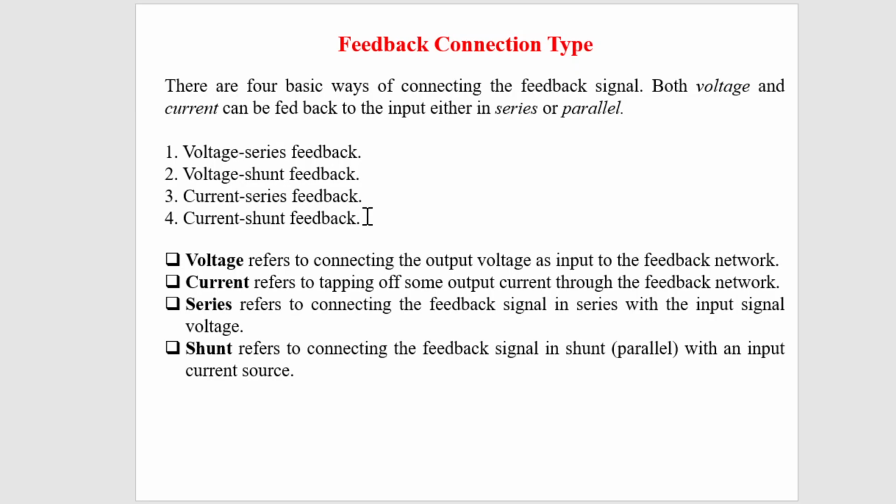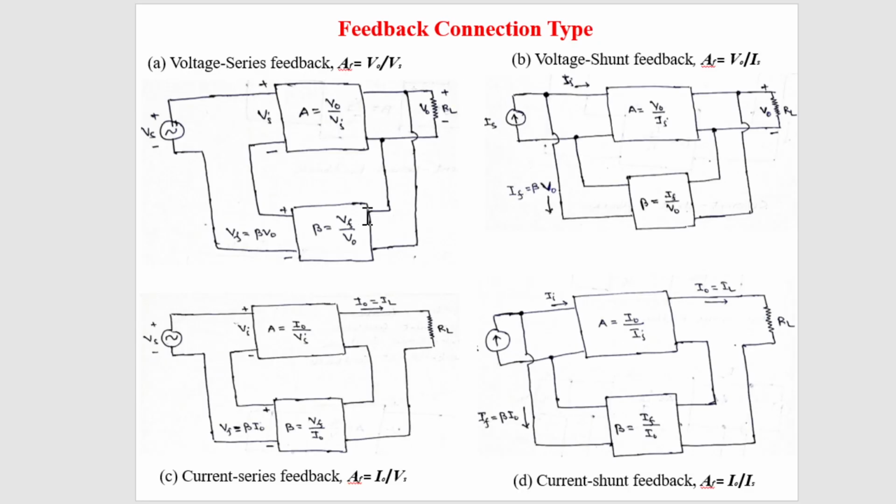So let us try to understand all four types of feedback connections with the circuit diagram. Here the voltage series, voltage shunt, current series, current shunt feedback circuit diagrams are shown. If you see here, we have a source voltage, that is Vs, and then we have an amplifier, and then we have the output. The name voltage series means the output will always be a voltage, so we have a load resistance and a voltage.